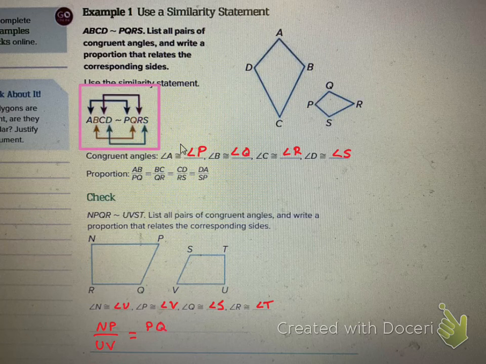PQ and VS. QR and ST. And then NR and UT. So, angles are congruent, sides are proportional.